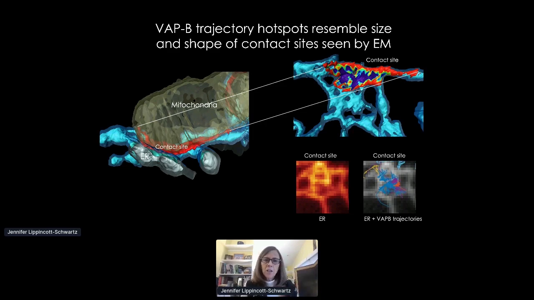This is the type of technology that we believe has the capacity to allow us to do that and to also allow us to understand how these contact sites are changed under different types of conditions. For instance, when cells are starved or when cells undergo other types of stress conditions. Because we have a handle on the dynamism of this system using these technologies, we can address these types of questions.